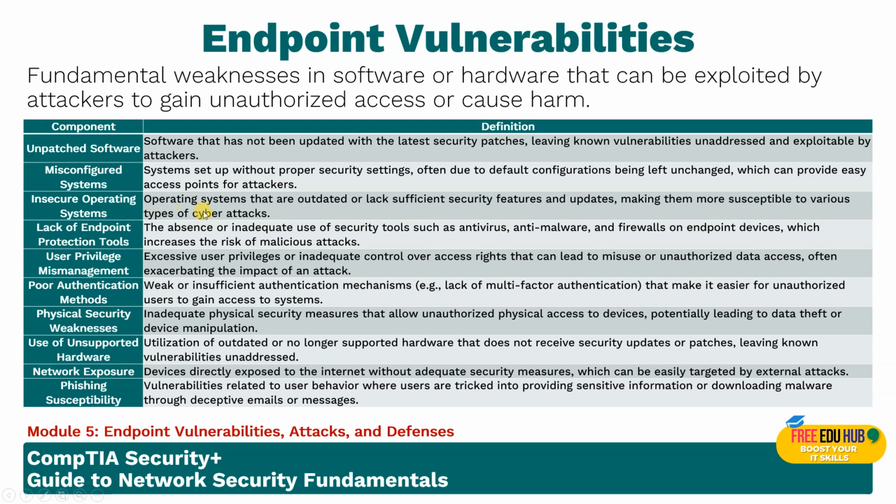Insecure operating systems are outdated or lack sufficient security features and updates, making them more susceptible to various types of cyber attacks. Maybe you're using an operating system, let's say Windows 7, which is end of life, end of support, but you have an application which works only on Windows 7. There is no way you can get rid of that operating system, because otherwise your application would stop working.